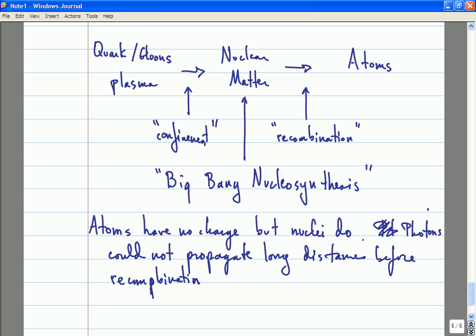So during the phases before recombination, the universe was not transparent. The universe was opaque to light before recombination.